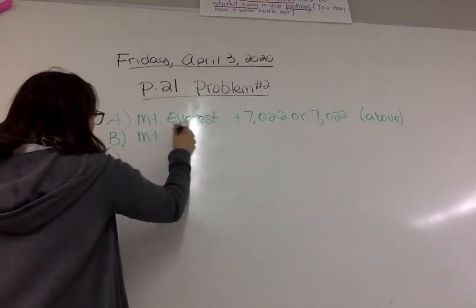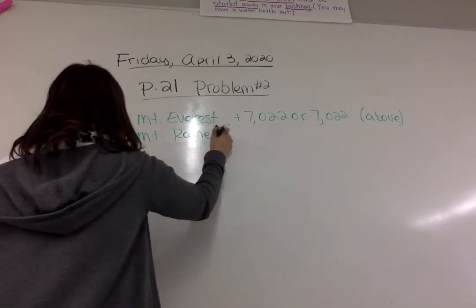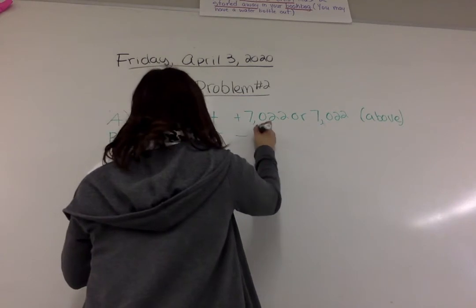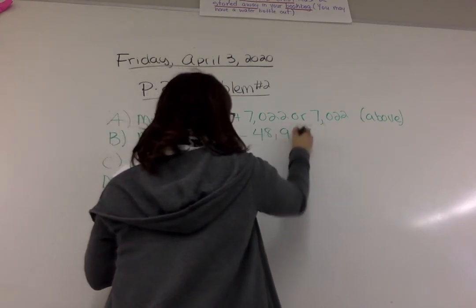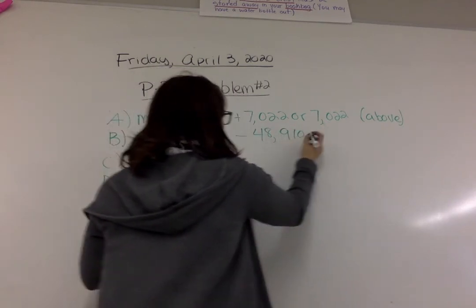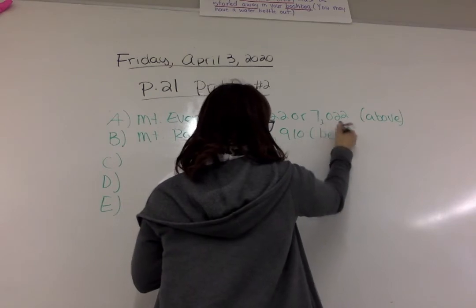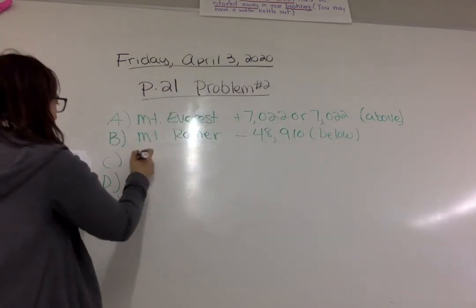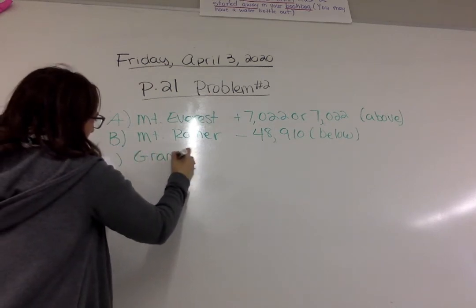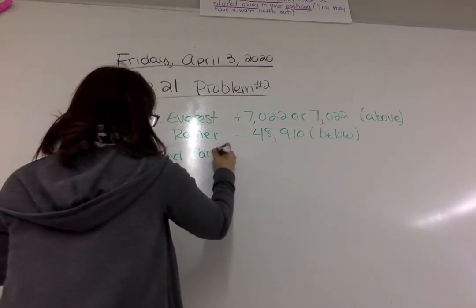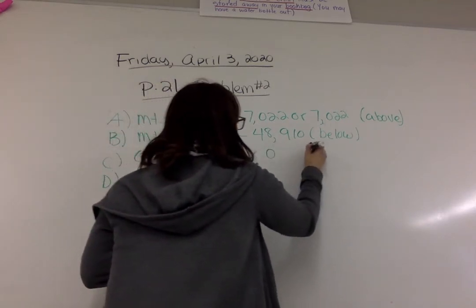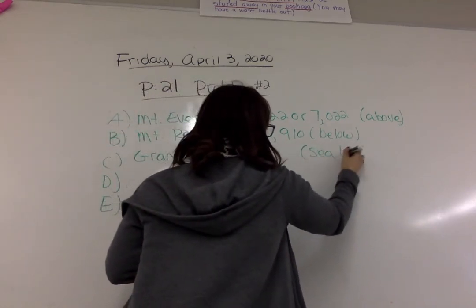The word is below. Below is negative. So it's negative 48,910. This is below. Negative. Next one, artifact C, Grand Canyon. It says sea level. 0 means sea level.